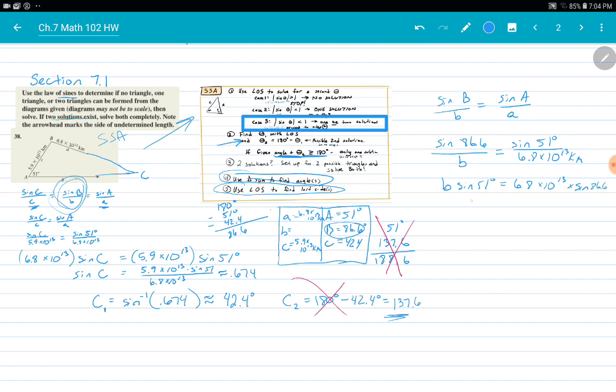That's my cross multiplication. To get B by itself, I divide both sides by sine of 51. So I get 6.8 times 10 to the 13th times sine of 86.6 all over sine of 51. That is a good time to grab my calculator.